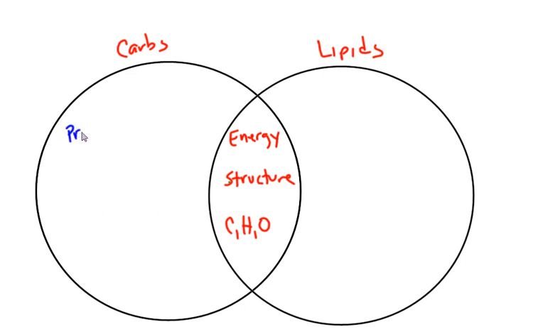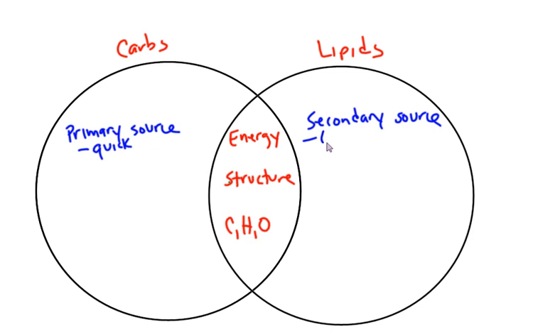Carbohydrates are going to be your primary source of energy. It's going to be quick and kind of a fast way to access energy right away. Lipids are going to be more your secondary source because they're more long-term storage of energy.